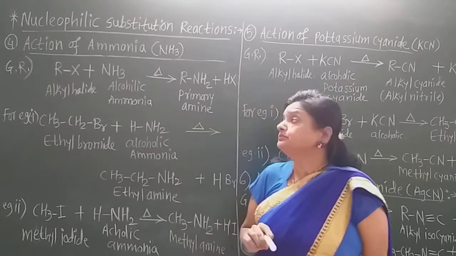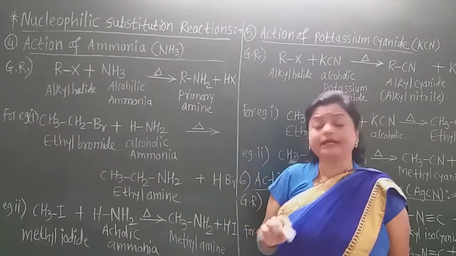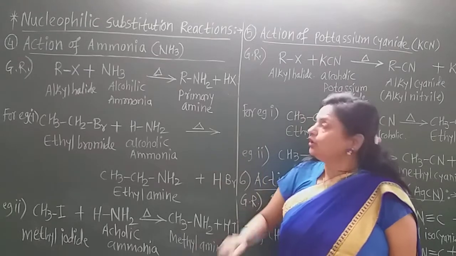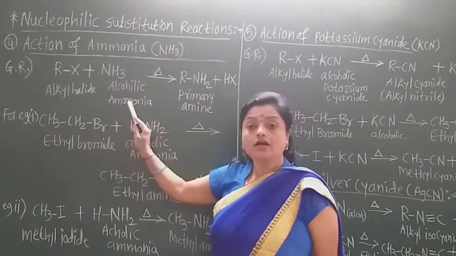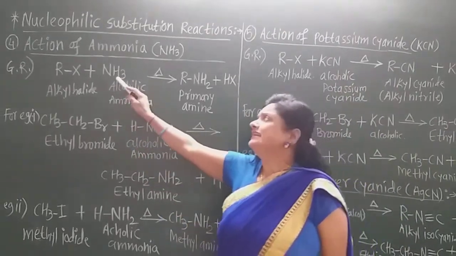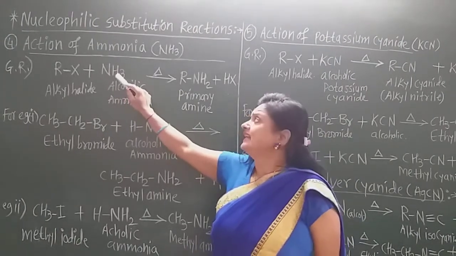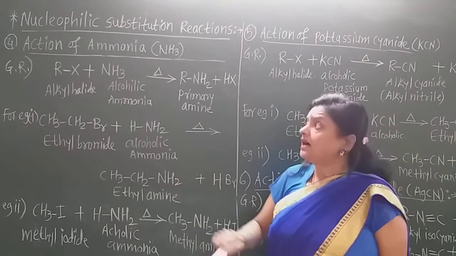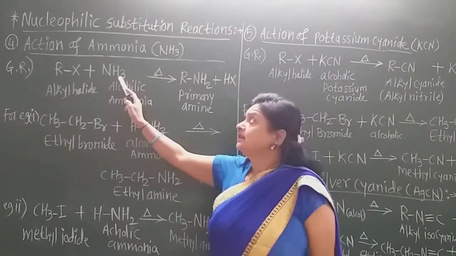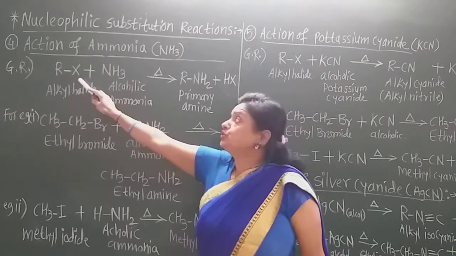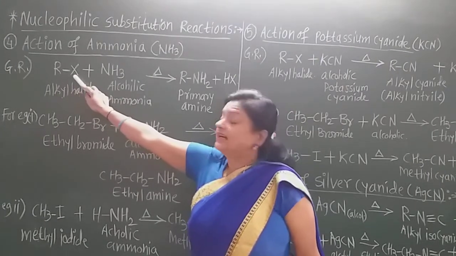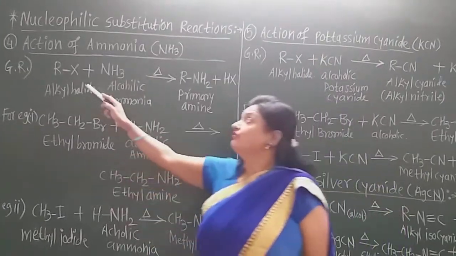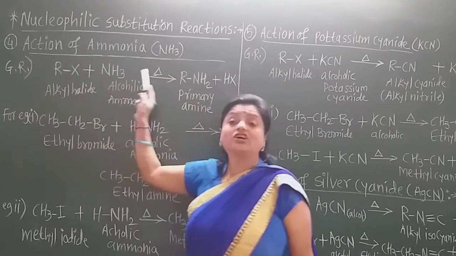Now see here, we have to prepare primary amines only. This is ammonia, alcoholic ammonia. You can write ammonia NH3 as NH2H because only the NH2 group gets attached to the alkyl group in the alkyl halide. Here one nucleophile is replaced by another nucleophile.